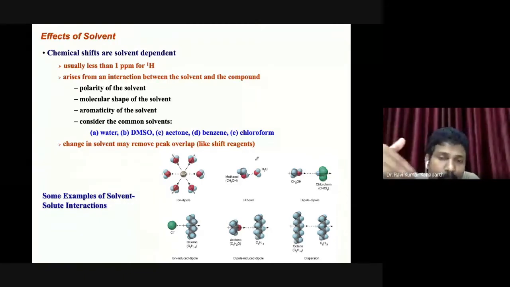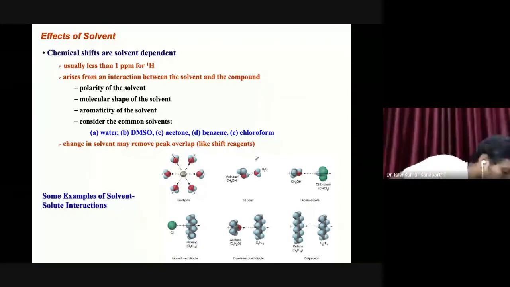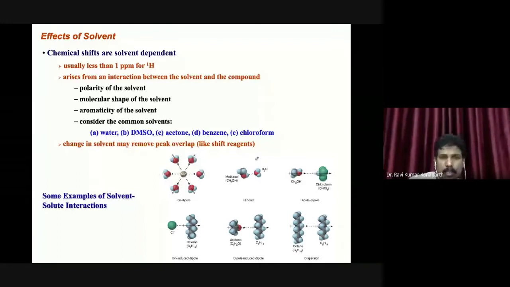We don't use solvents as such, because most of the solvents contain protons, and if you are interested in proton NMR spectroscopy, we cannot definitely use them, because the solvent proton content is going to interfere with our measurement. Therefore we normally prefer a deuterated NMR solvent, not the direct solvent.